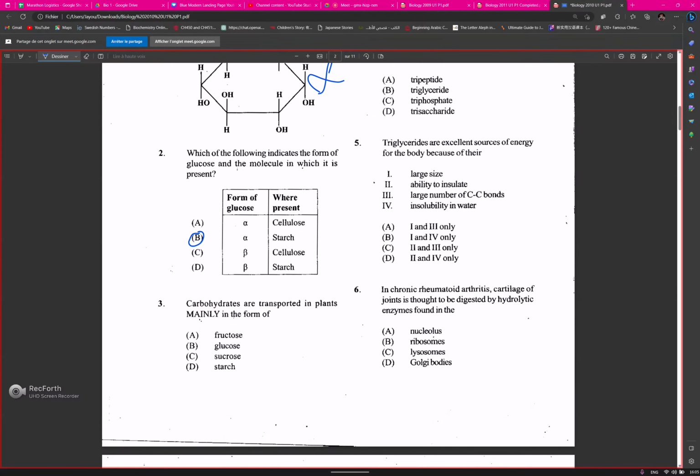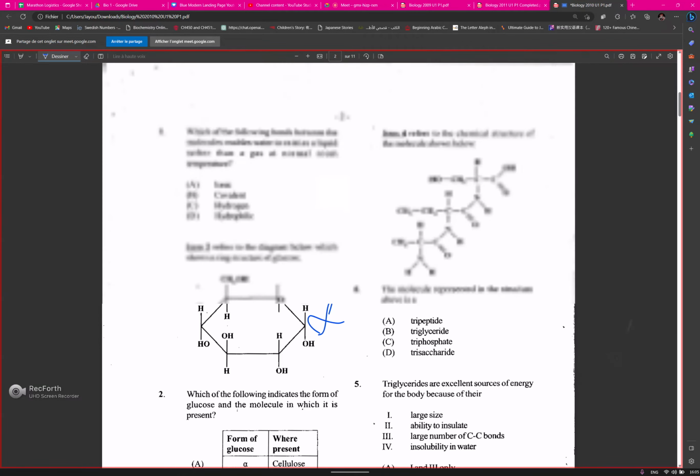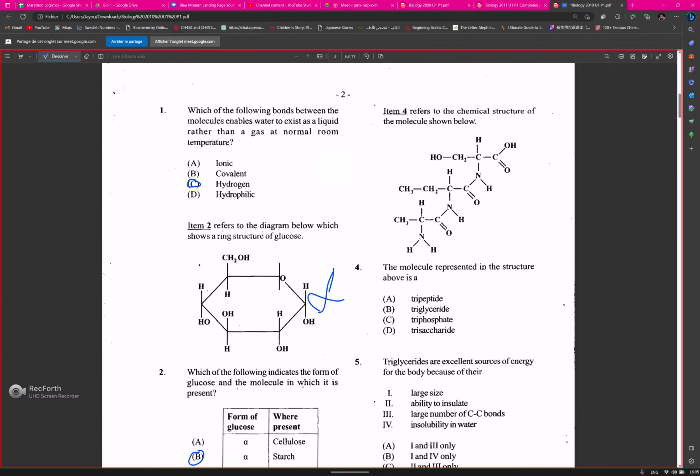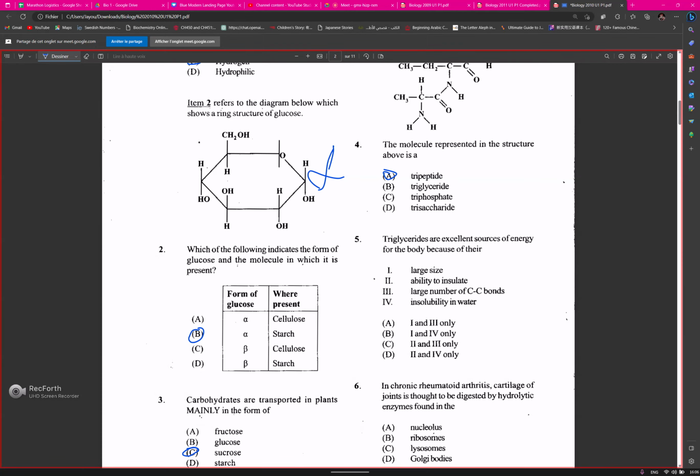Right? Carbohydrates are transported in plants mainly in the form of... The molecule represented in this structure above is a tripeptide. 5. Triglycerides are excellent sources of energy for the body because of their... 1 and 3 was the best answer.